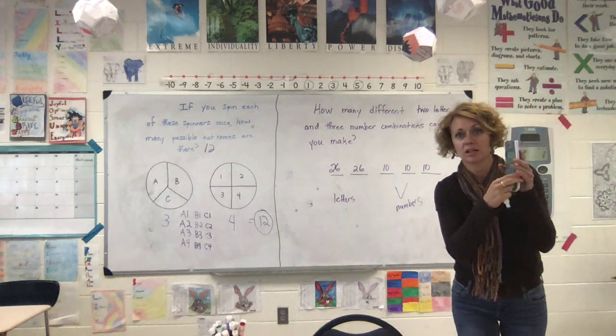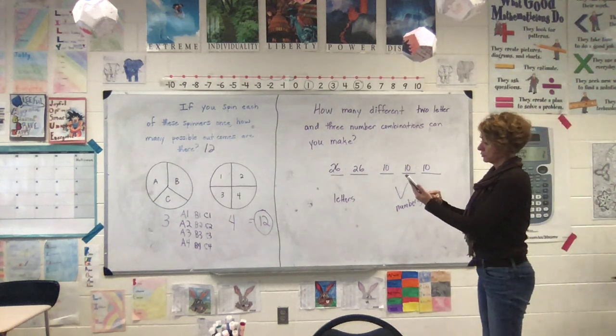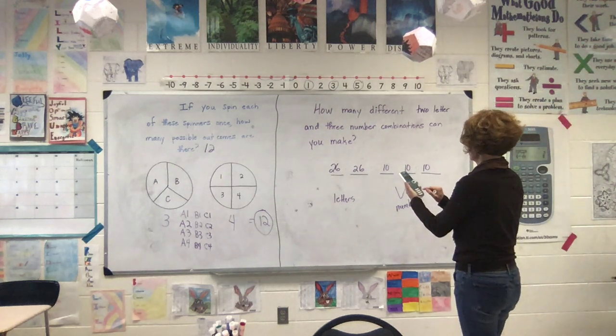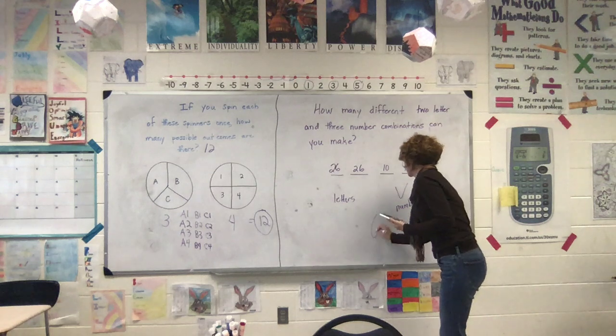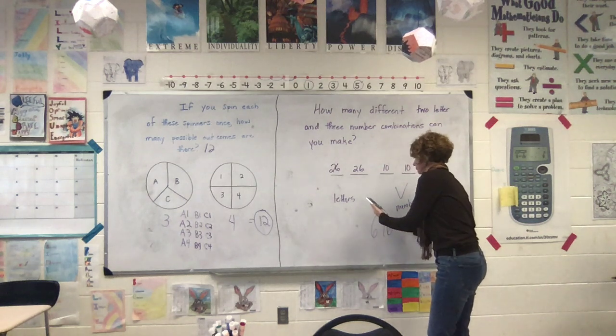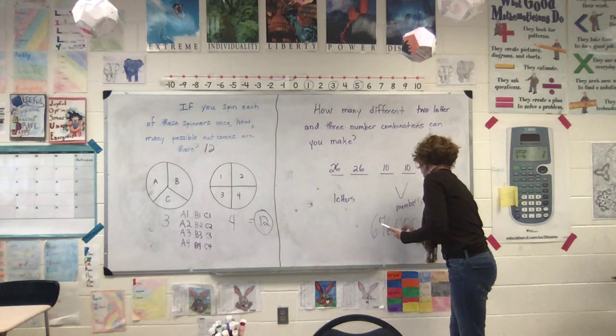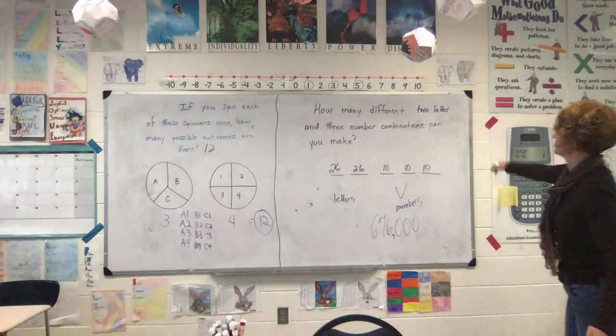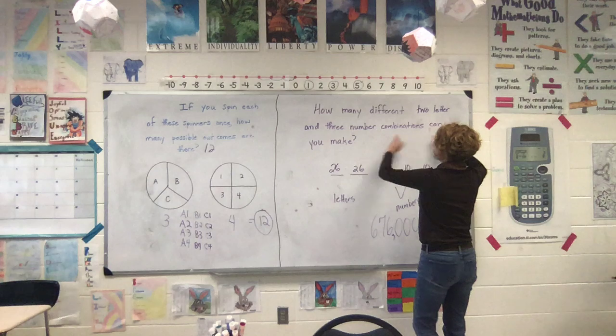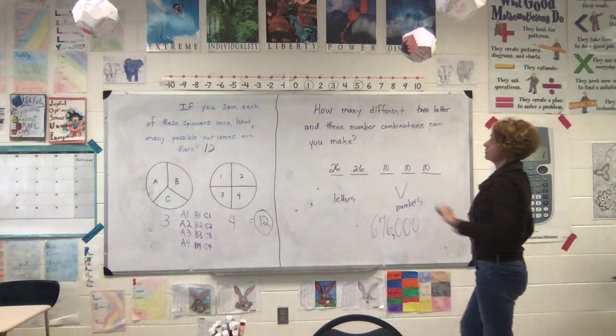So I could go, hey, all right, let's multiply this out. 26 times 26 times 10 times 10 times 10. And this would actually be that there are this many possible outcomes for putting together 2 letters and 3 numbers.